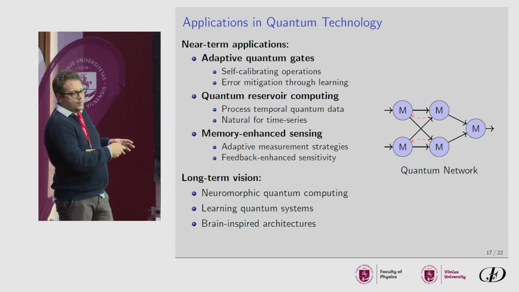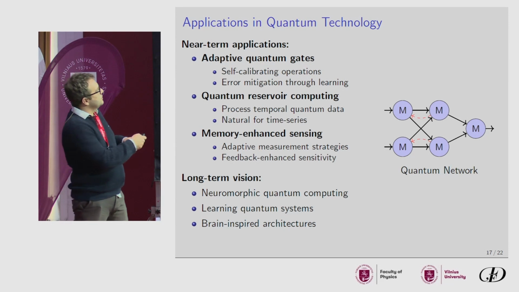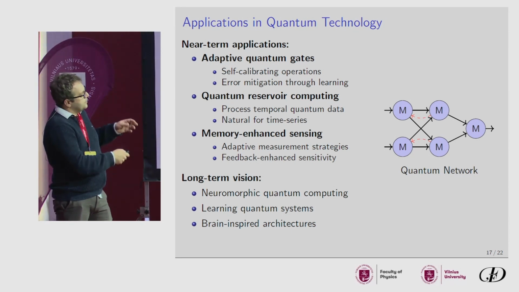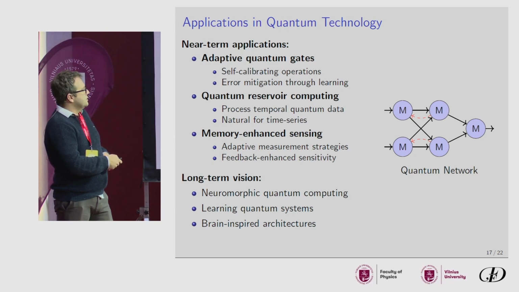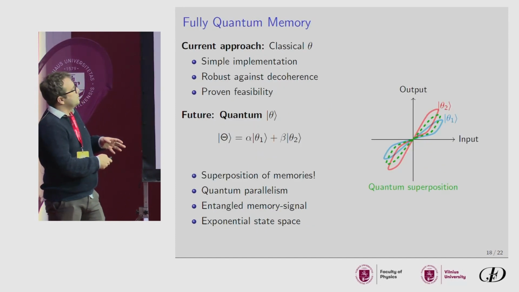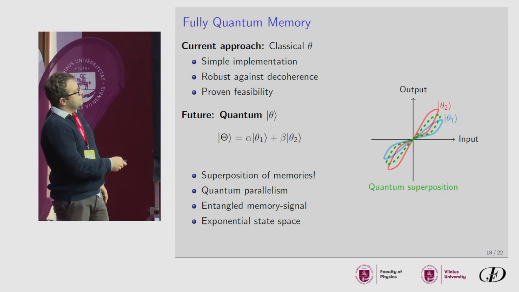You should think about going into this, because it has many potential applications, including feedback-enhanced sensitivity, adaptive measurement strategies, or applications to quantum computing or machine learning. So in the long run, I think it will be very important to understand what is the quantum counterpart of the memory store, and moreover to actually use quantum memory for this.